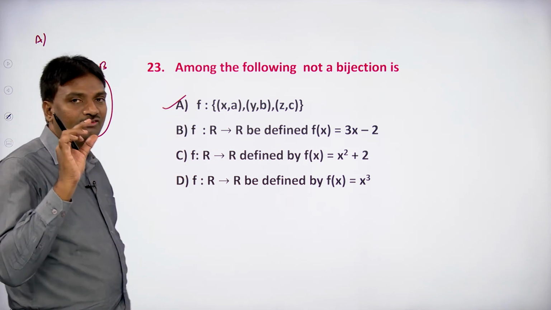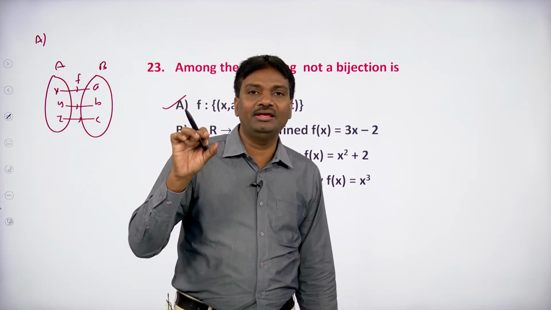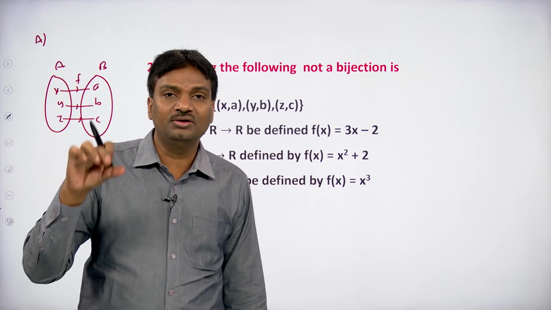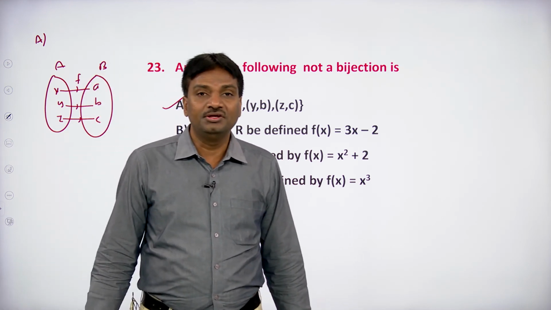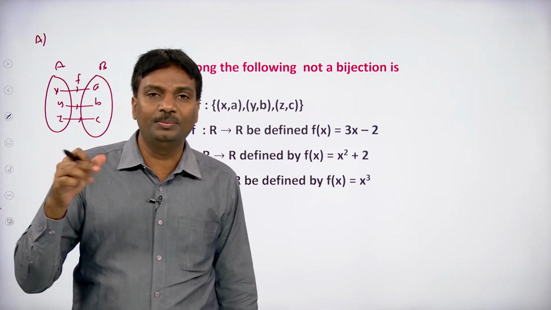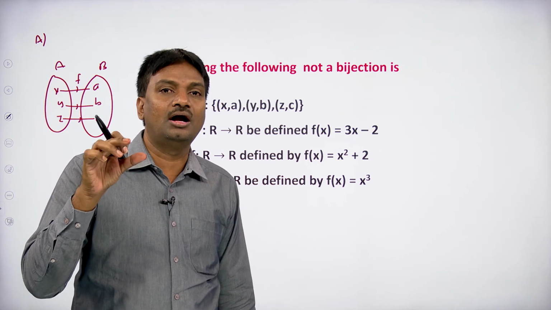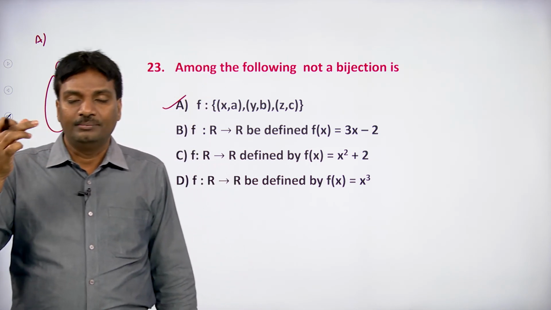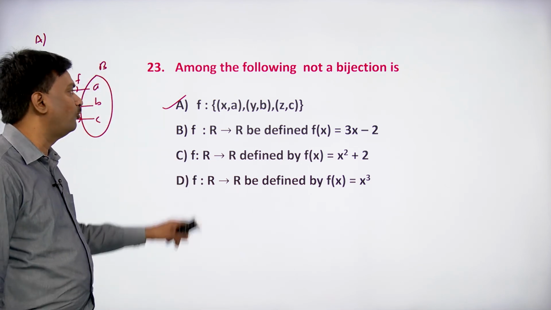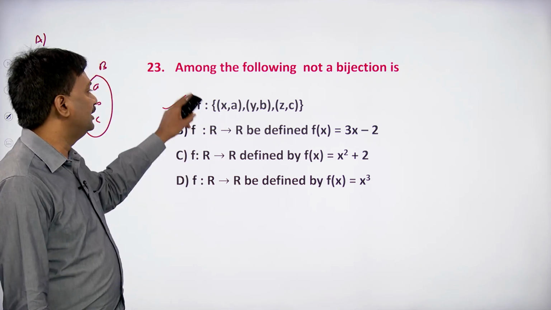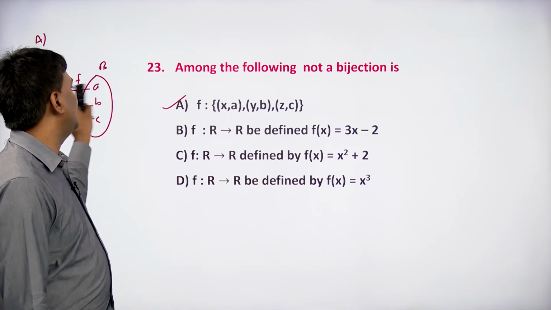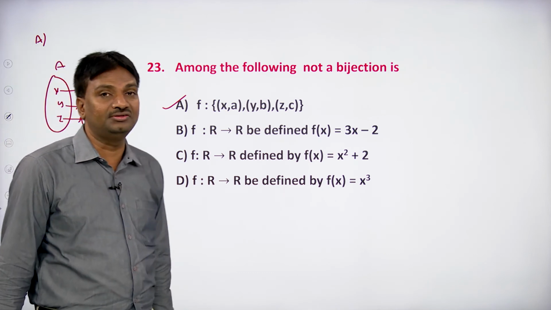A function f maps A to B is said to be a bijection if it is both 1-1 and onto. By observing the given 4 options, only in option A, that is f is (x, a), (y, b), (z, c), the image of x is a, the image of y is b, the image of z is c.